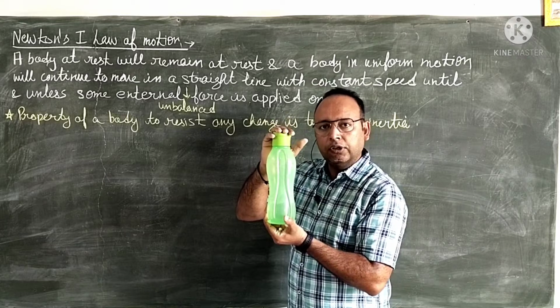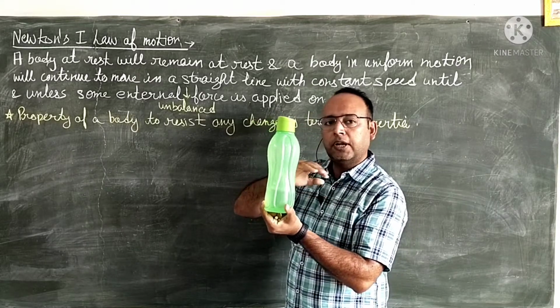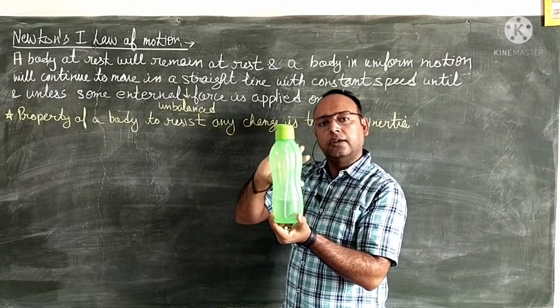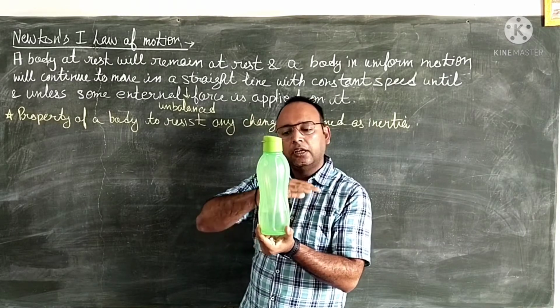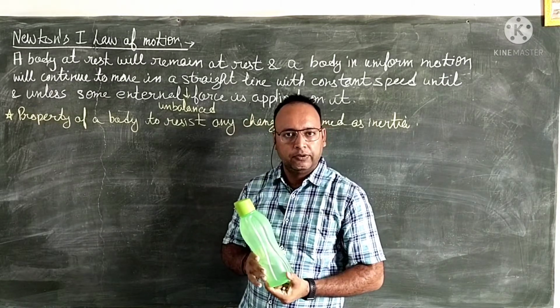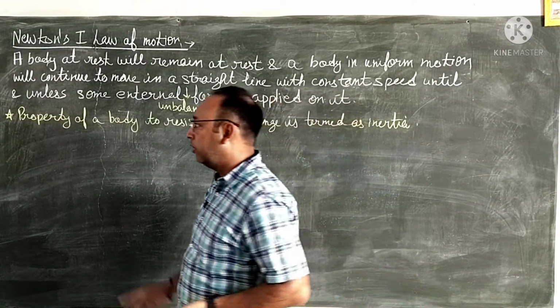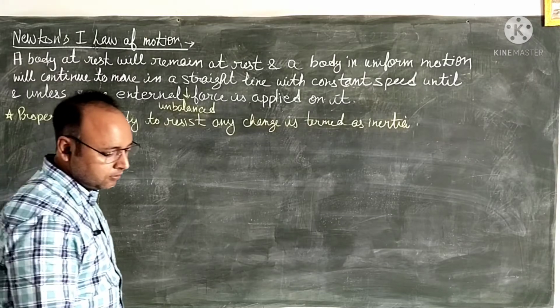If it is full of water, it will resist and oppose the force I am applying, because it wants to remain at rest. That is inertia. But if it is empty and I apply less force, it will move. Why? Because of mass, another physical quantity on which it depends.